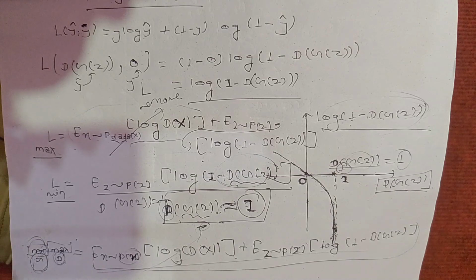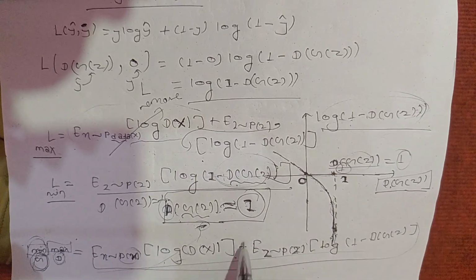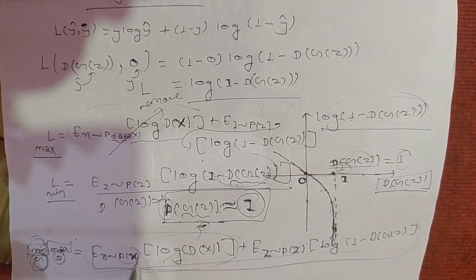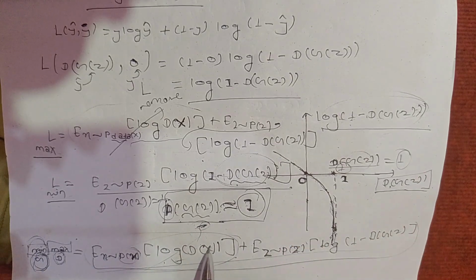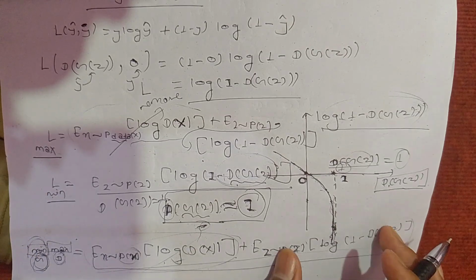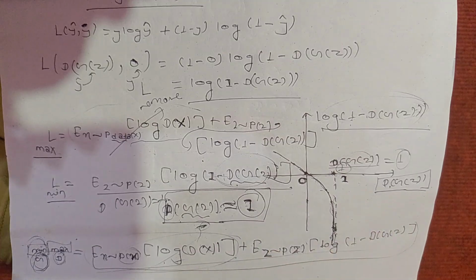After that we minimize this objective, and while doing so we do not care about this term, we only care about this term, because the generator doesn't have access to the real data. Then the generator becomes better, and we repeat this process.